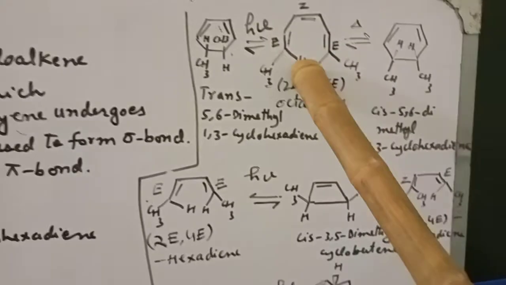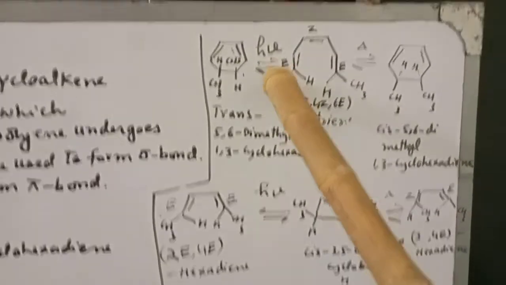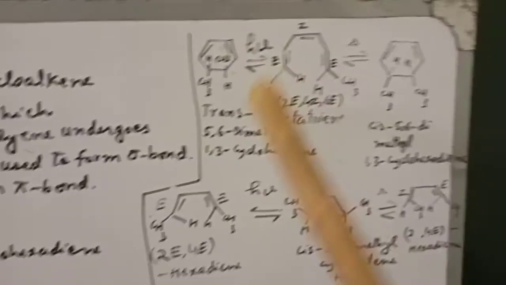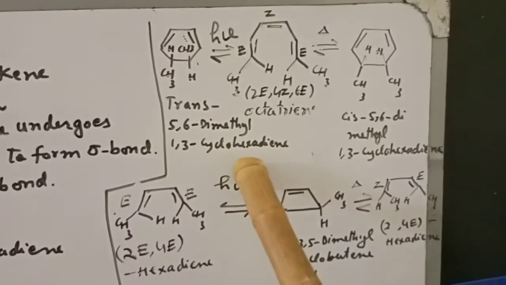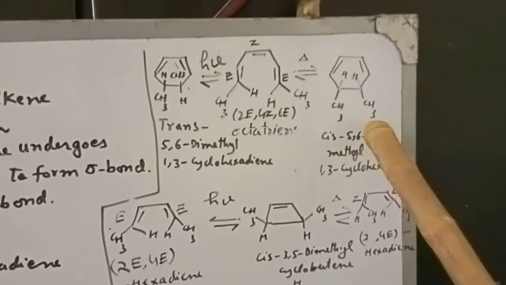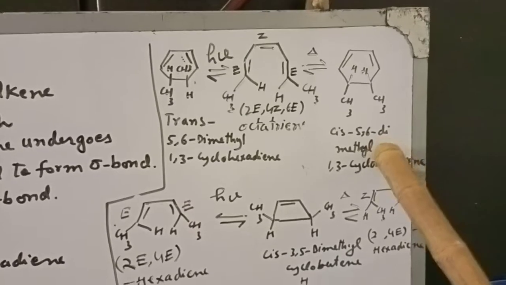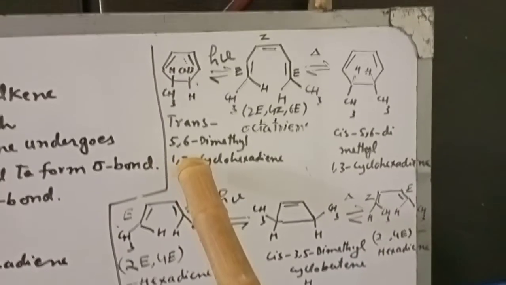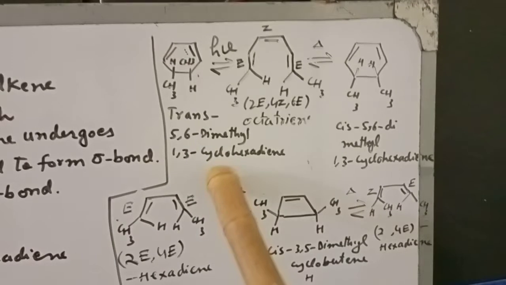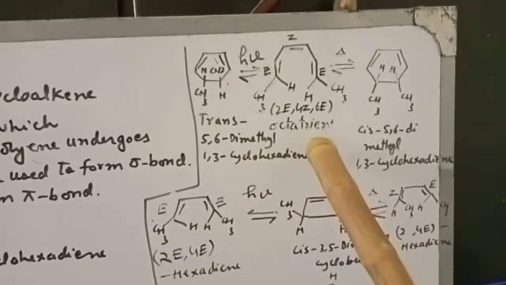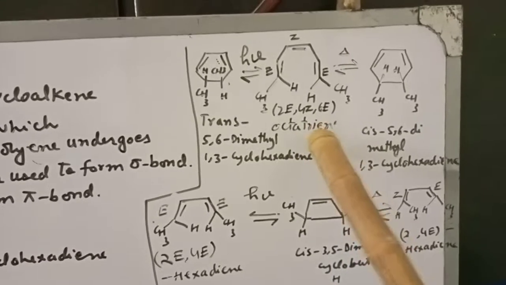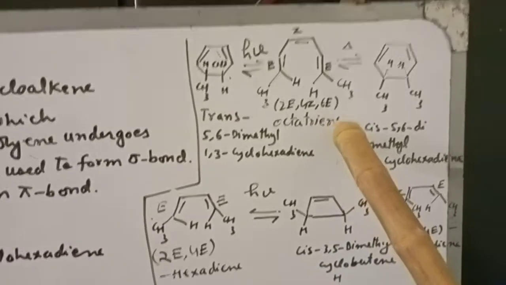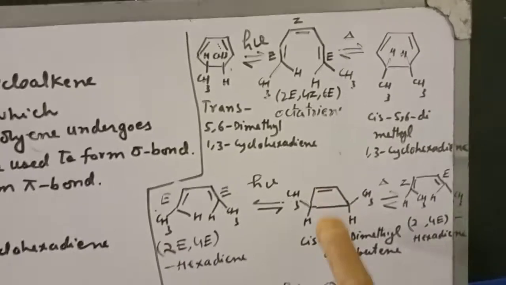But for the same reactant, photochemical cyclization gives trans-5,6-dimethyl-1,3-cyclohexadiene. This is the cis product, and this product is the trans product. This is the octatriene, 2E, 4Z and 6E octatriene.